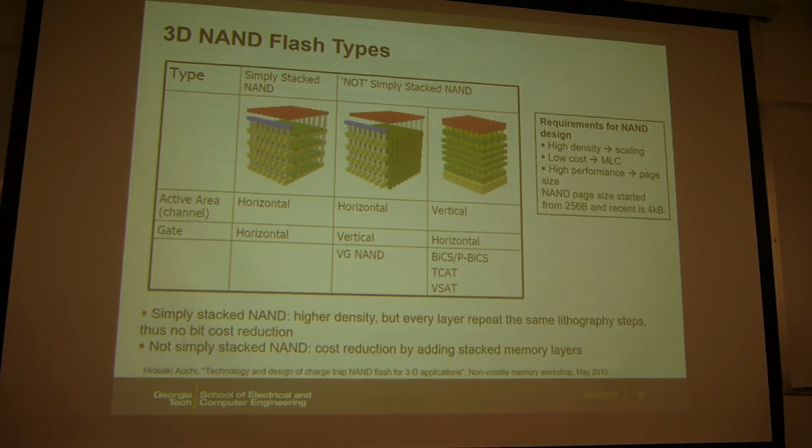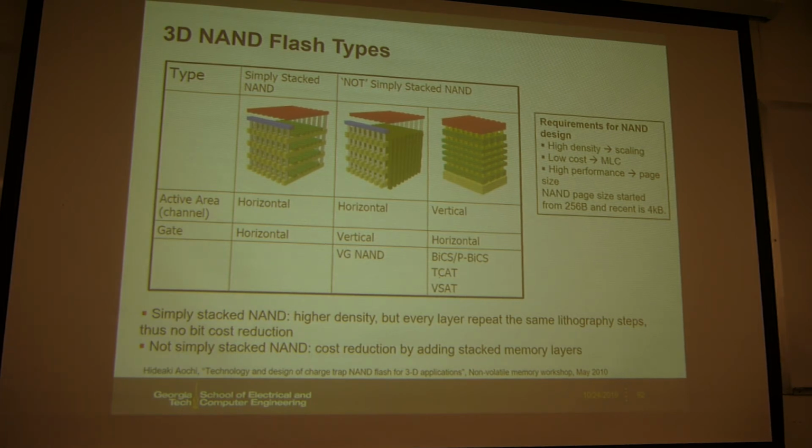So we need to consider the fabrication steps. And in the fabrication, the most expensive step is the lithography, so the mask. Every time you do the lithography, you are going to burn like $1 million there. So you want to reduce the number of lithography steps.